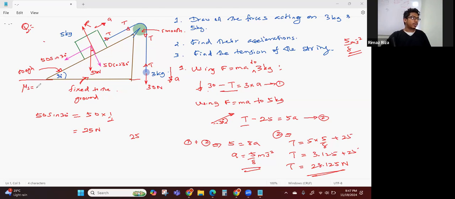Okay. So mu s I take 0.1 and the mass of this I change to 0.1 gram.